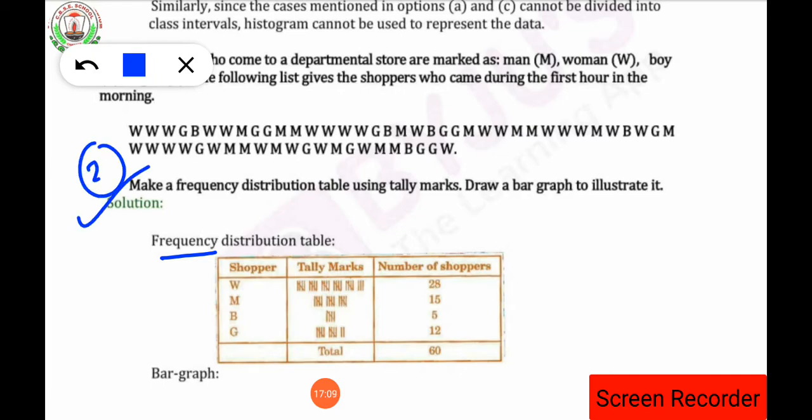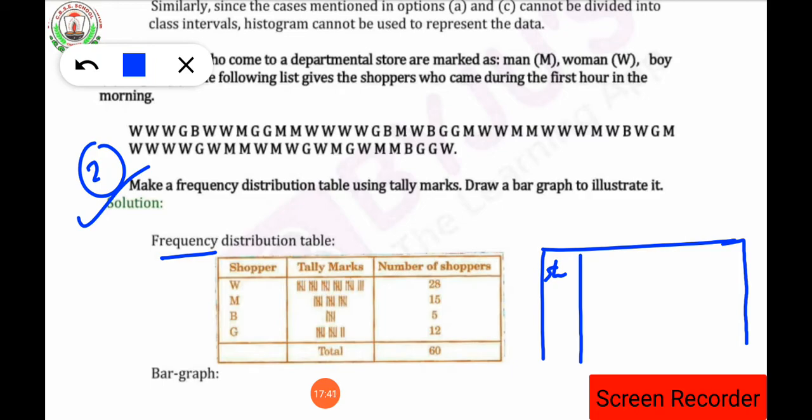Now look, we are going to make how many columns? 3 columns for the tally mark table. In place of frequency distribution table you can write it as a tally mark table. Here we are going to write the shoppers, that means those who are coming to the store to get the materials.